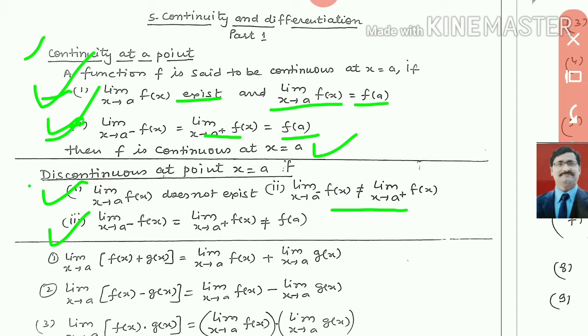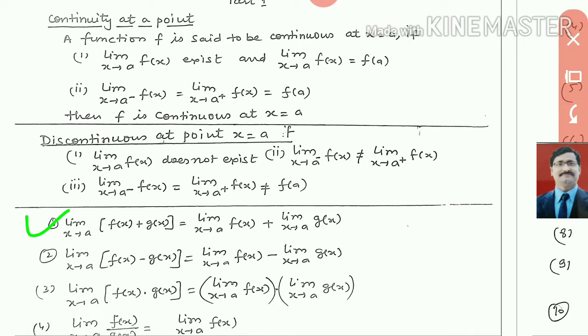Now for limits, in class 11 we already did some basic points, so you have to learn the basic points again. First, limit x tends to a of f(x) plus g(x) is given. You can separate them: limit x tends to a f(x) plus limit x tends to a g(x). Similarly for the minus sign, limit x tends to a f(x) minus limit x tends to a g(x).